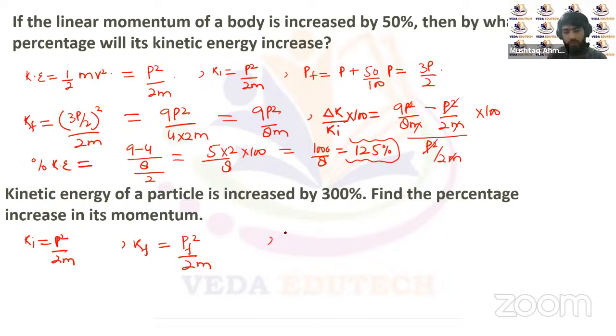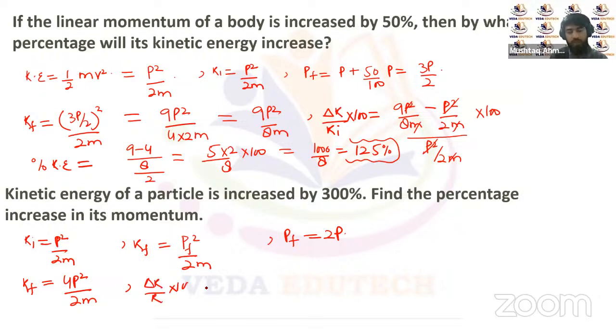Let's suppose we double the initial momentum, that's 2p. Then the final kinetic energy will be 4p square upon 2m. And the percentage change in the kinetic energy will be equal to delta K upon K multiplied by 100.